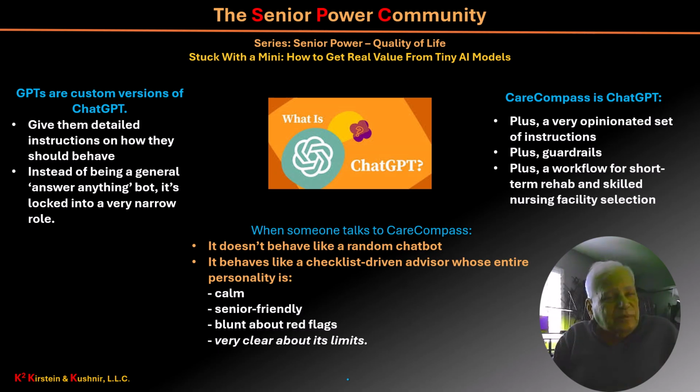So Care Compass, for example, is really ChatGPT plus a very opinionated set of instructions plus guardrails plus a workflow designed specifically for short-term rehab and skilled nursing facility selection. To begin with, I told them things like, you never give medical advice, you never give legal or insurance advice.